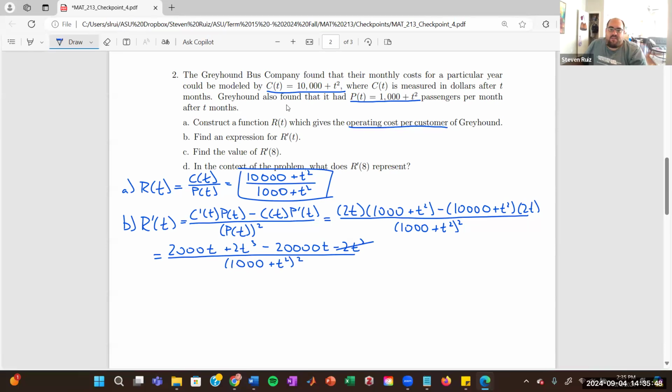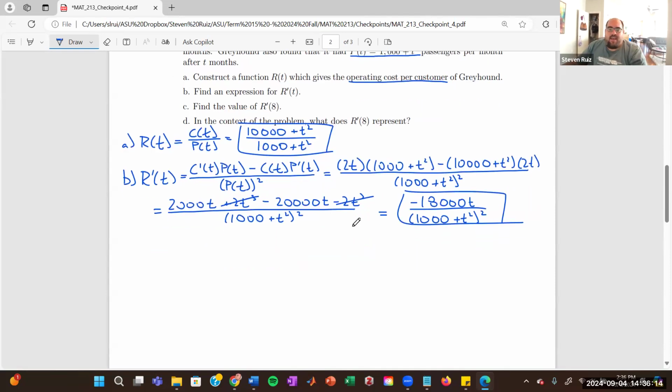But what does happen is these two terms cancel and these other ones combine into negative 18,000 t over 1,000 plus t squared, squared. I'm going to go ahead and stop there. If you kept on expanding or simplified this in a slightly different way, that's fine, but I think a correct answer has to be equivalent to what I have here.